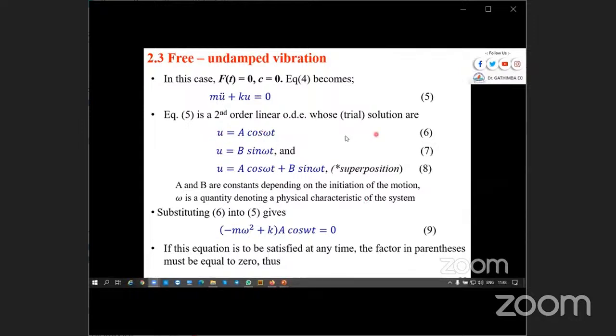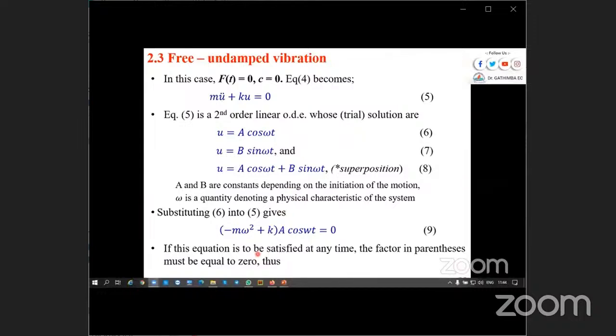If you differentiate equation 6 twice, you end up with negative M omega squared. Substituting expression 6 into equation 5 and bringing the common terms together, we have equation 9. And this is the equation that is to be satisfied.